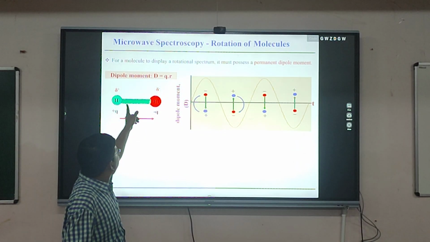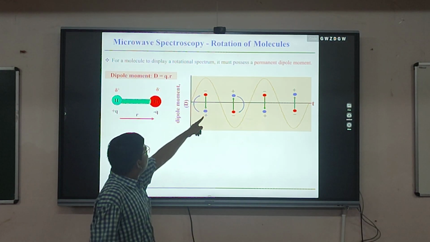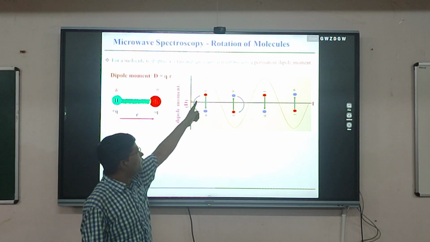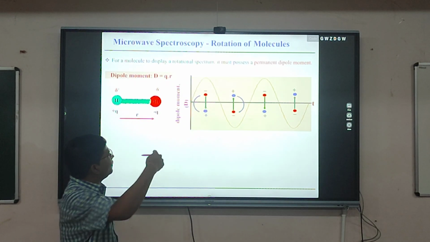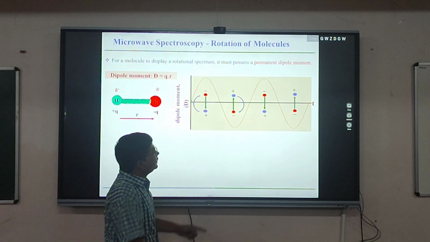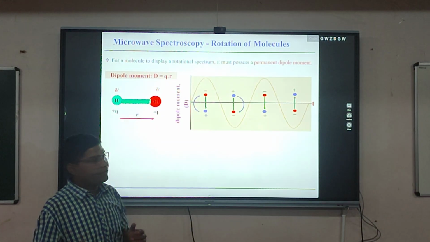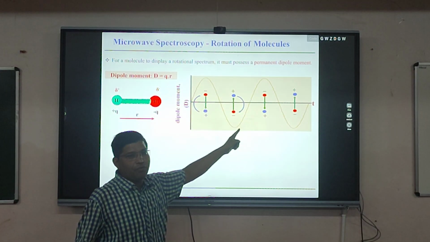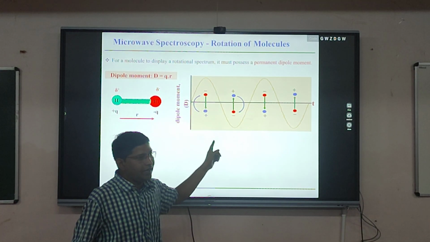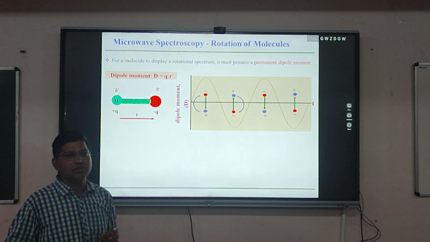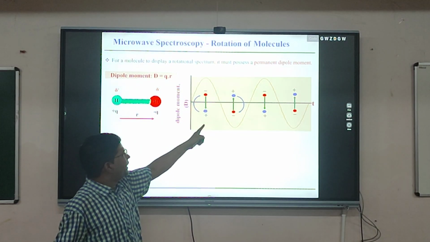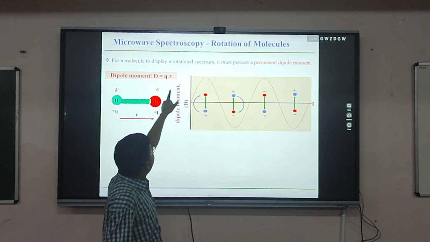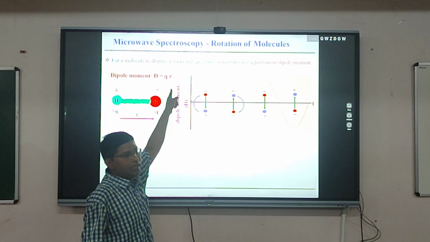Suppose we place this molecule here, with the positive end of hydrogen and the negative end of chlorine, and we rotate the molecule clockwise. Here we observe there is a change in the dipole moment during the rotation, but it is not changing its magnitude, because the magnitude depends upon the charge and the length.